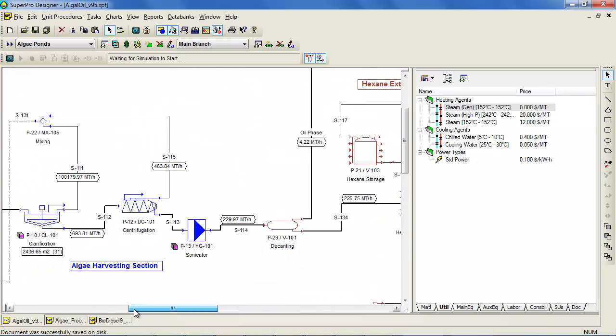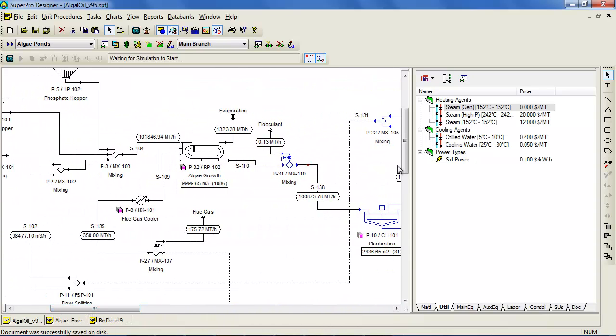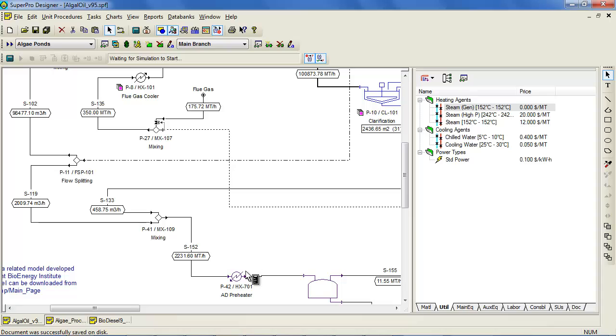Another heat recovery relationship was defined between preheater HX701 and flue gas cooler HX101. In this case, all the heat required by the Heat 1 operation within HX701 can be supplied by exchanging heat between HX101 and HX701. In addition, some of the cooling required by the Cool 1 operation within HX101 can also be met.